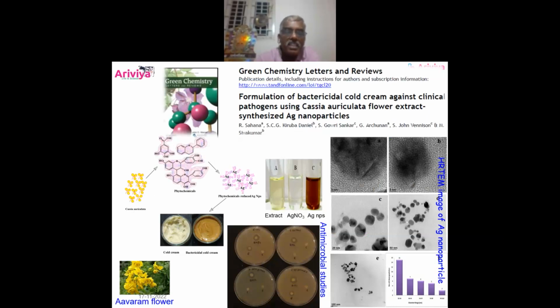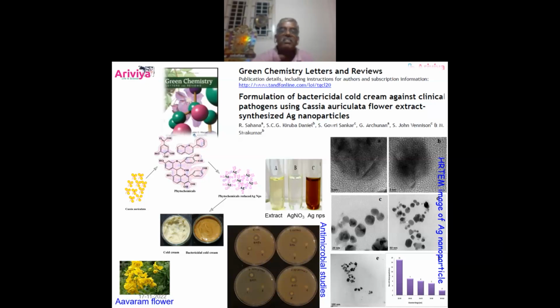Next, we prepared a cold cream based on silver nanoparticles made from Cassia auriculata, the avarum flower. The extract is taken from the avarum flower, and we prepared a facial cold cream to control clinical pathogens.